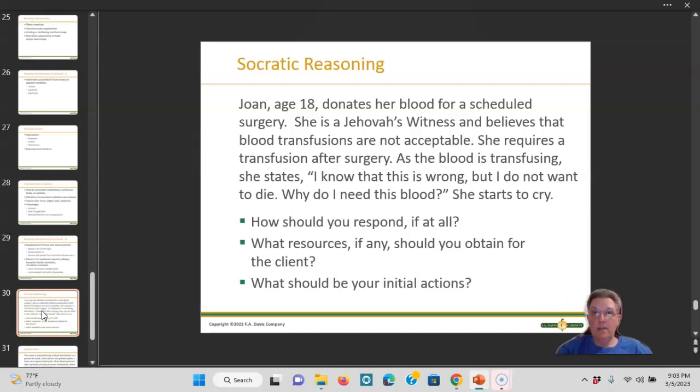Well, it is her blood, so I believe that if it's your own blood, that is an acceptable thing in Jehovah's Witness. So what resources, if any, should you obtain for the client? Have someone come talk to her from the Jehovah's Witness religion. I know that this is her blood, so it should be more acceptable than someone else's. And what should be your initial actions?